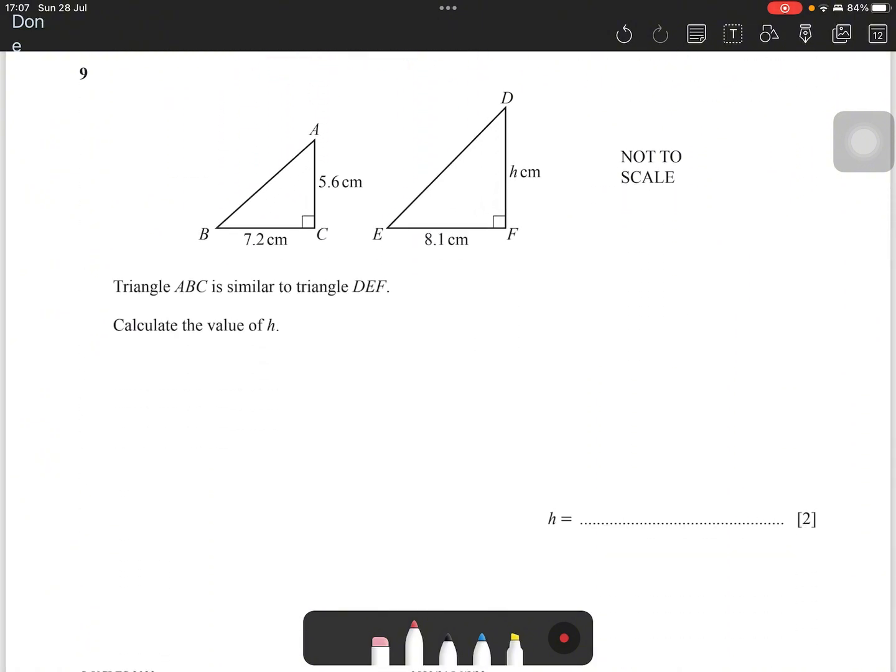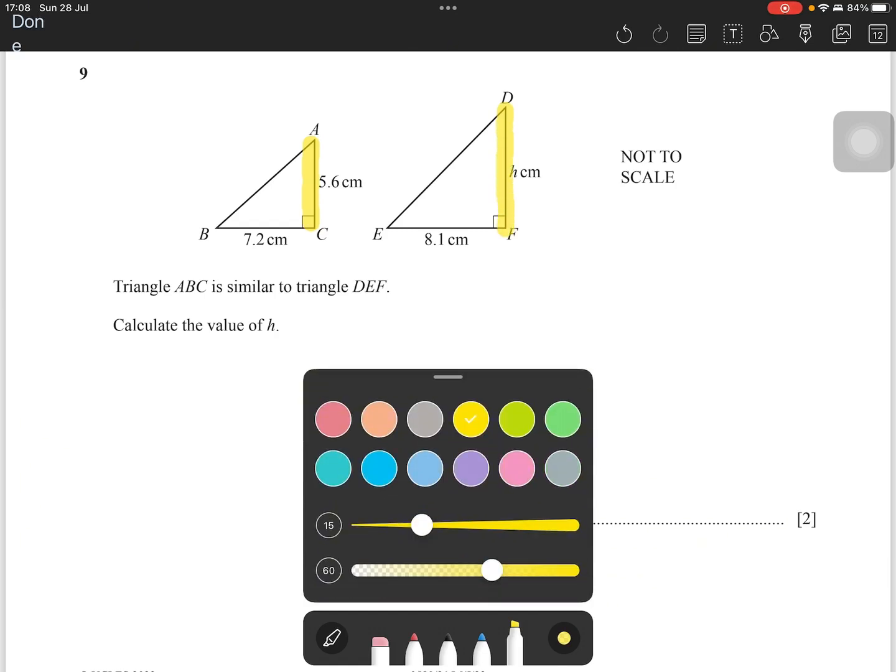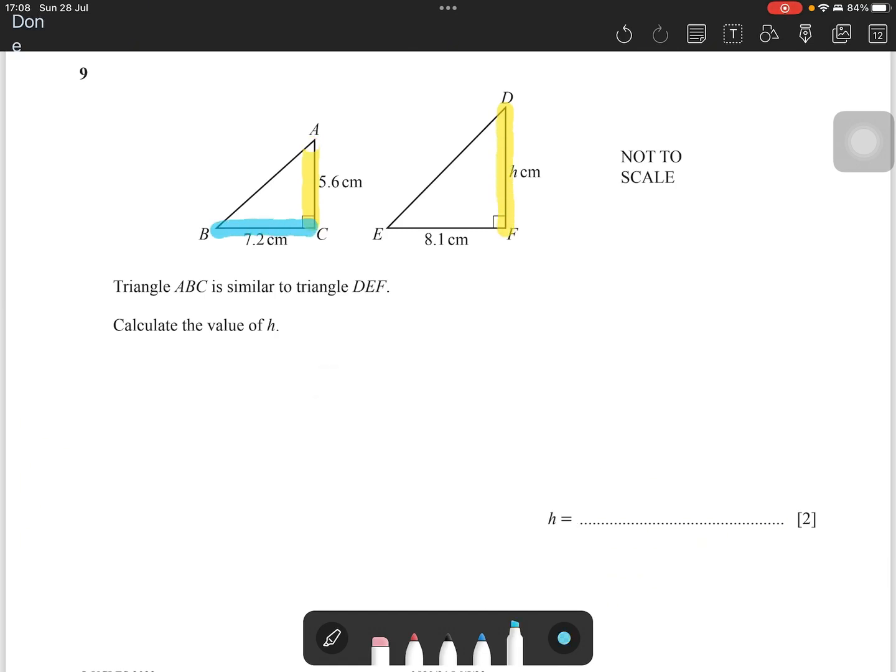Question 9. Triangle ABC is similar to triangle DEF. Calculate the value of h. We see that these two triangles are similar, which means the side AC corresponds to the side DF, and the side BC corresponds to the side EF.